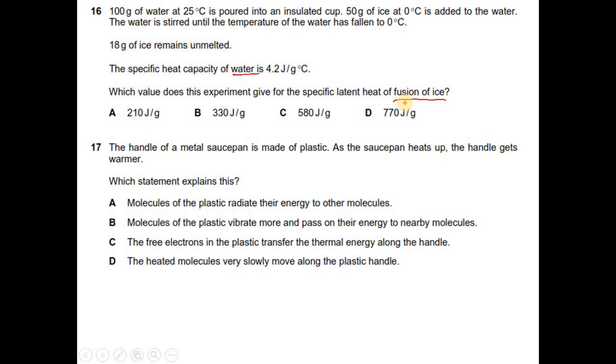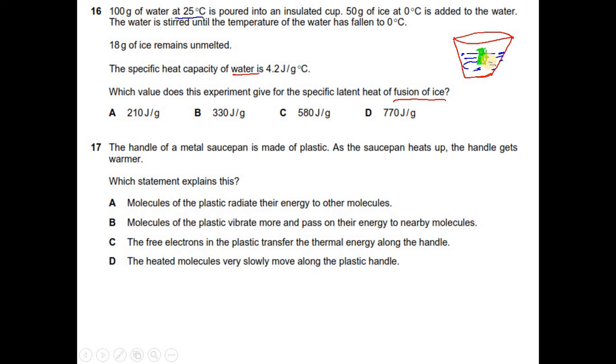So the idea is, you have a cup in which there is initially 100 gram of water at 25 degrees centigrade, and then you put in 50 gram of ice.